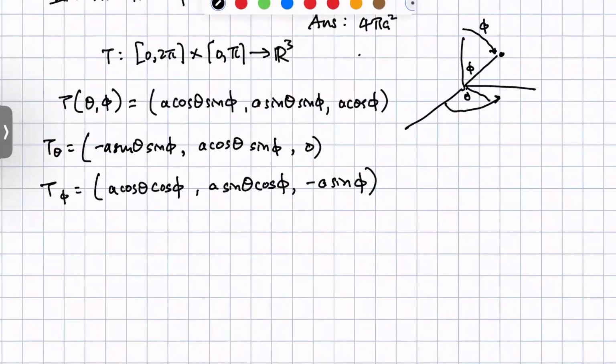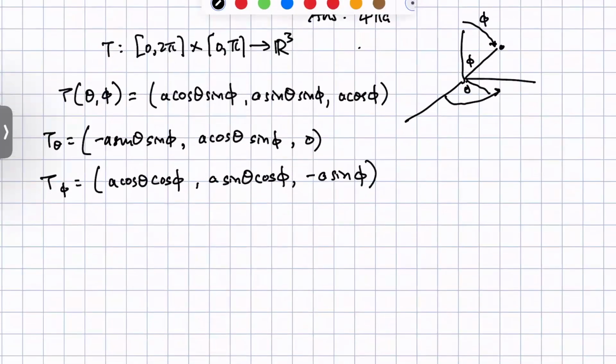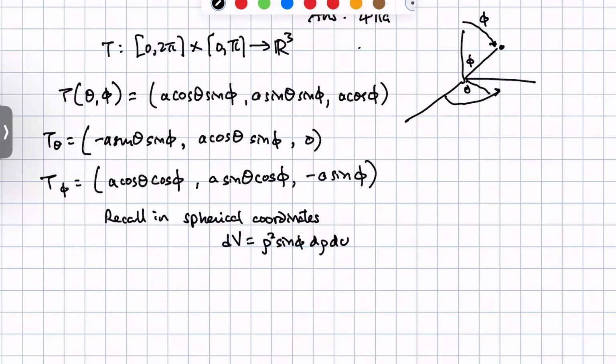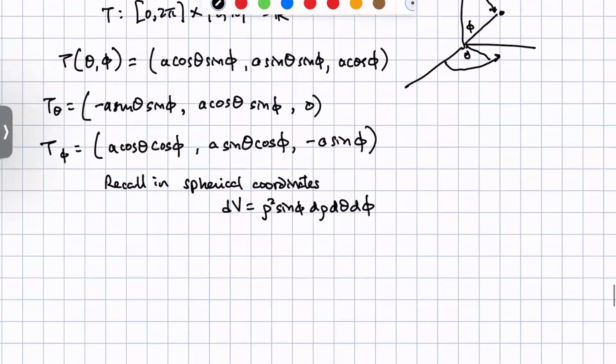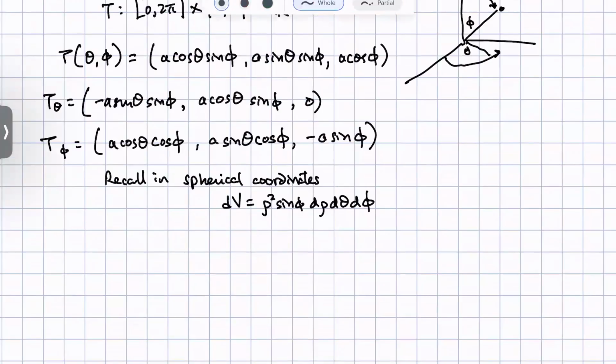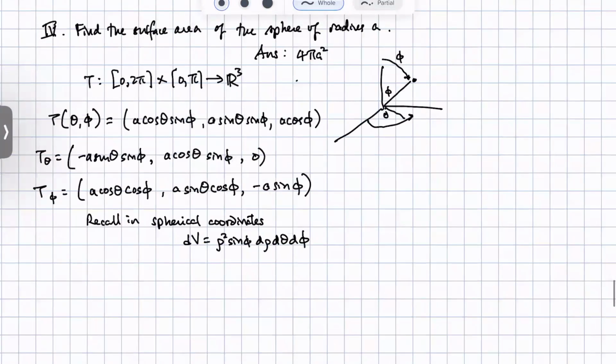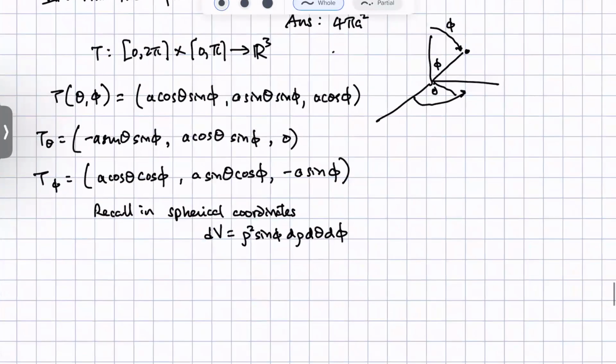But if you do, and maybe you will, then recall in spherical coordinates, there was a volume element, dV, which was equal to rho squared sine phi, d rho d theta d phi. But here, for a sphere, my radius doesn't change. My radius is a constant a. So the rho, which represents the radius, is now a constant.